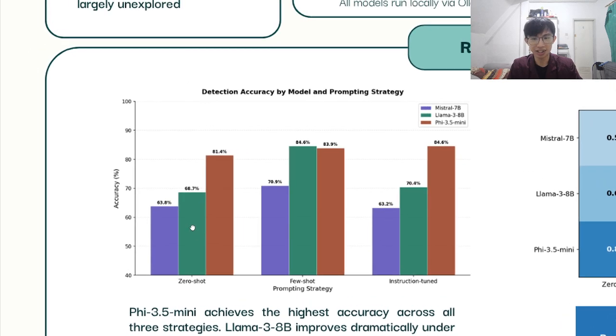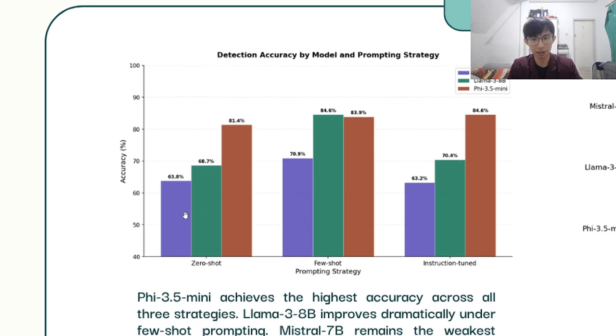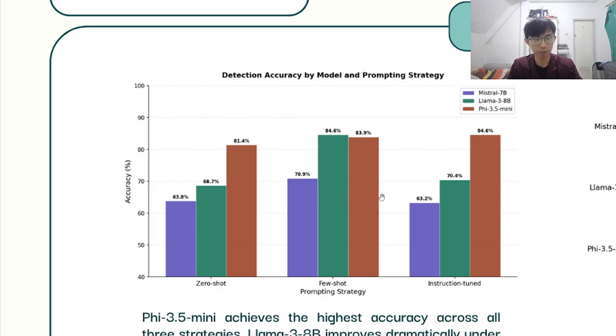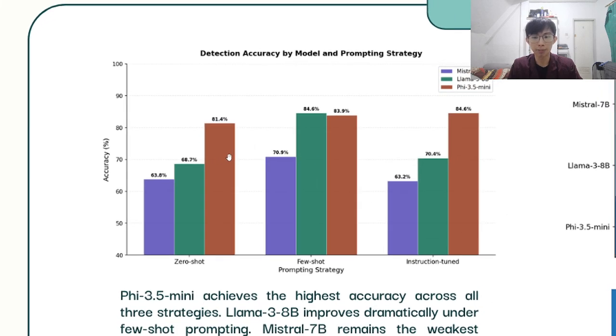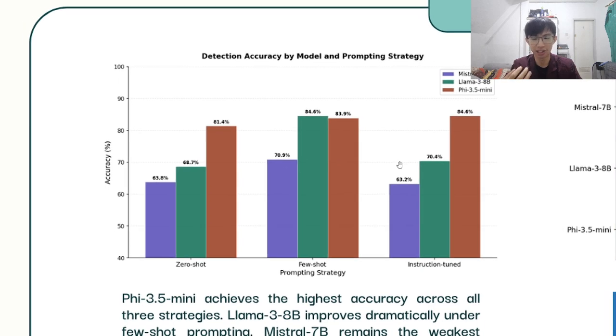As you can see right here, there are three bar colors, with purple being Mistral, green being Llama, and orange being the Phi 3.5 mini model. Phi 3.5 mini has a very high accuracy compared to the other two models, which shows that it's superior.